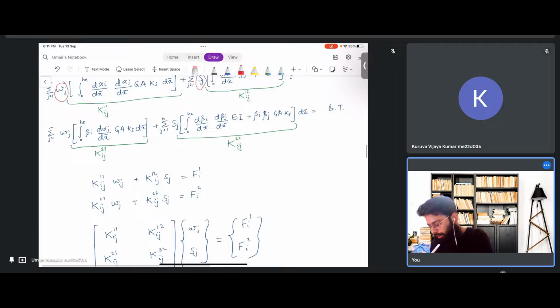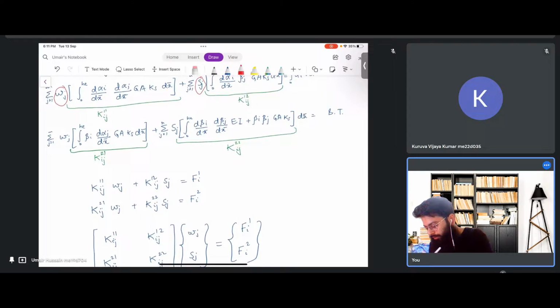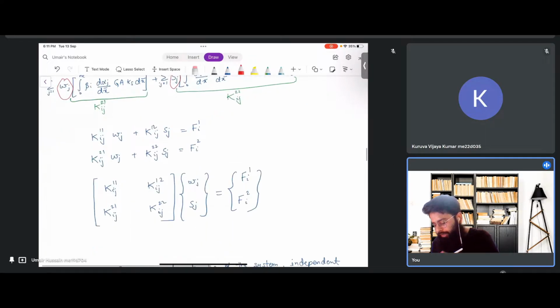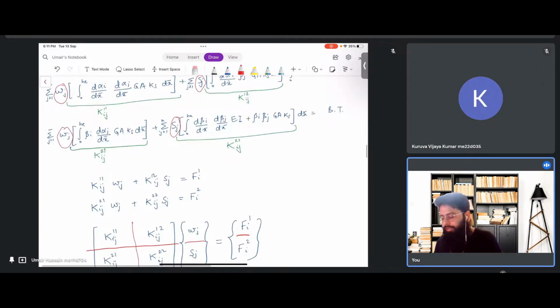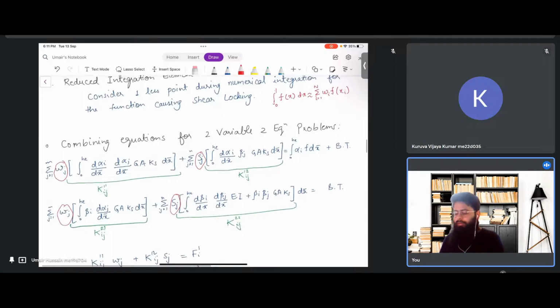Similarly, we highlight the coefficient of the first variable in the second equation and the second variable in the second equation, and we can merge them into a matrix like this. Here we distribute the variables in this order with the corresponding right hand side term. This way we can deal with coupled problems, and essentially we can deal with the Timoshenko beam problems.